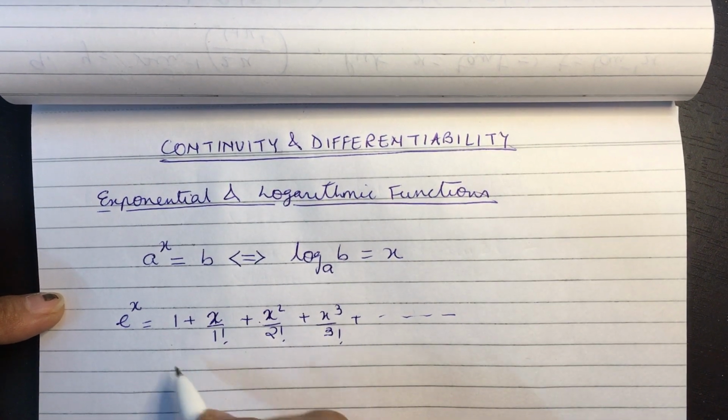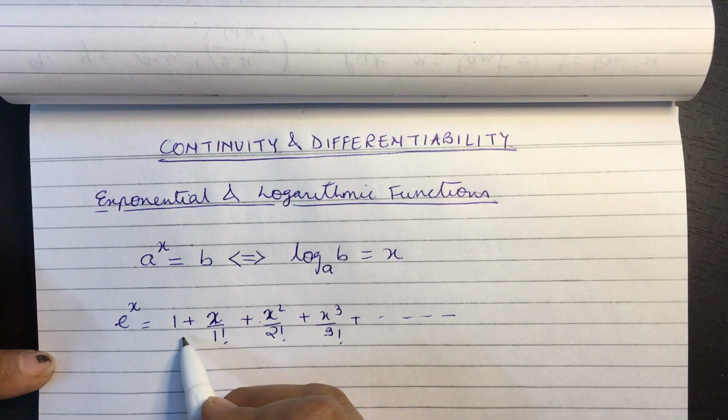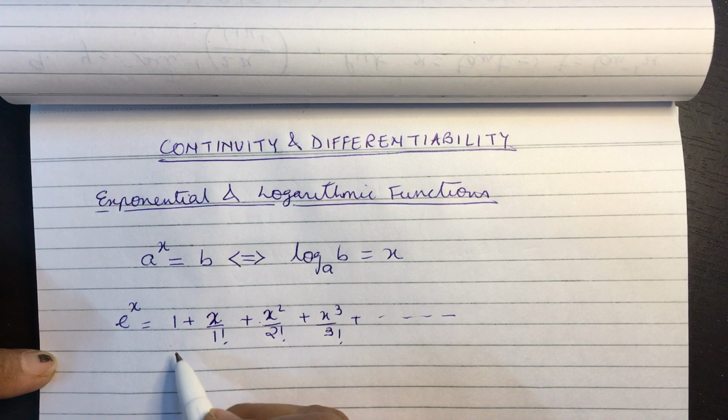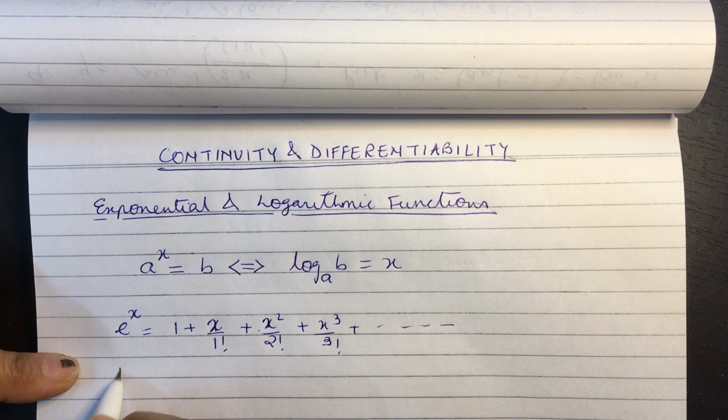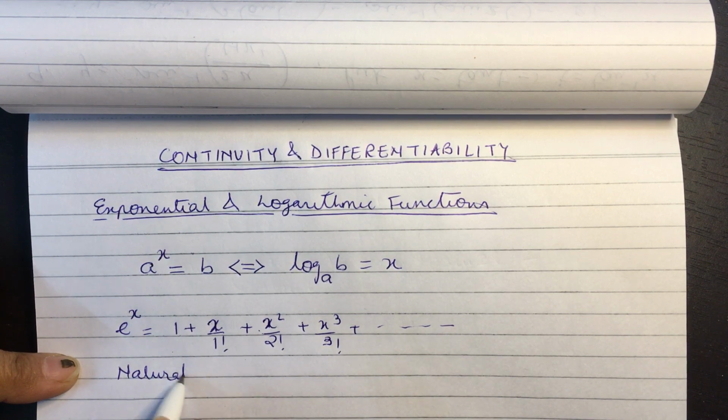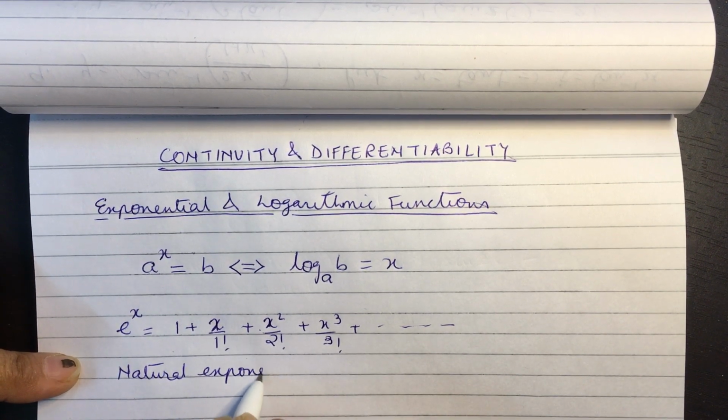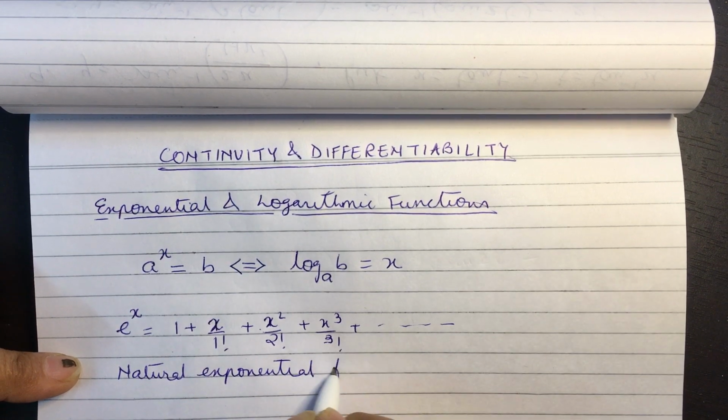This is the series expansion of e raised to the power of x, and this is called the natural exponential function.